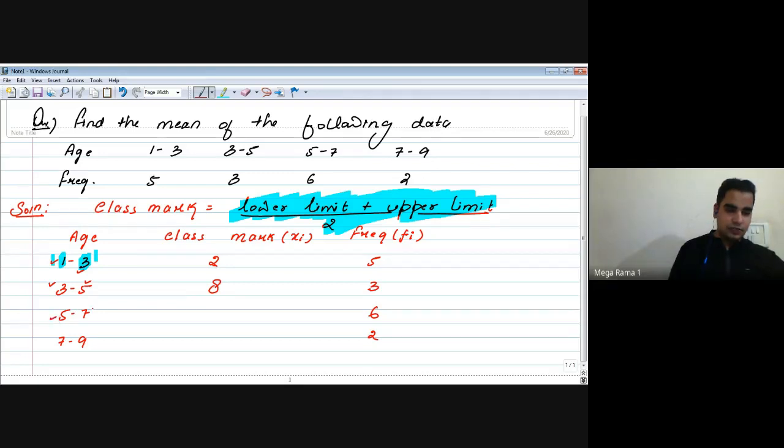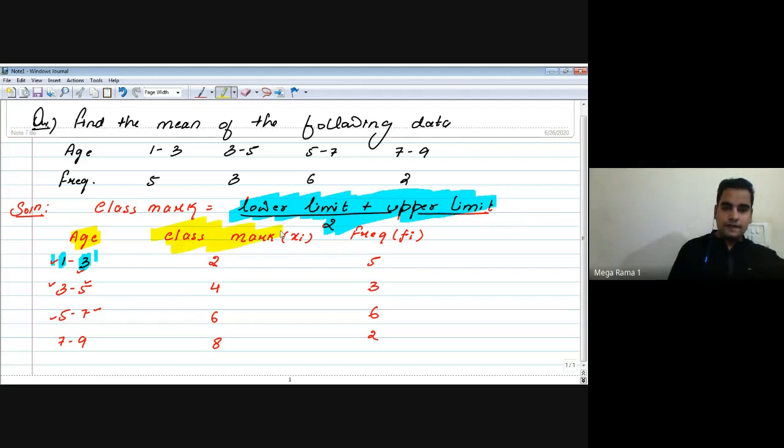Class mark corresponding to the third interval, that means 5 plus 7 divided by 2, gives you 6. And at last, what should be the value of class mark here? 8, right? So have you understood how we calculate class mark? To calculate the class mark corresponding to any class interval, you have to add the lower limit and the upper limit, and then divide by 2. Clear?